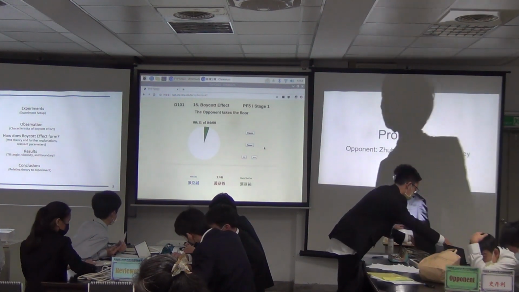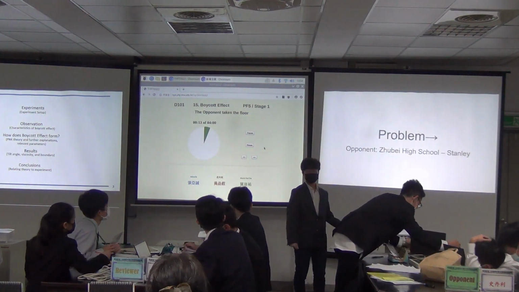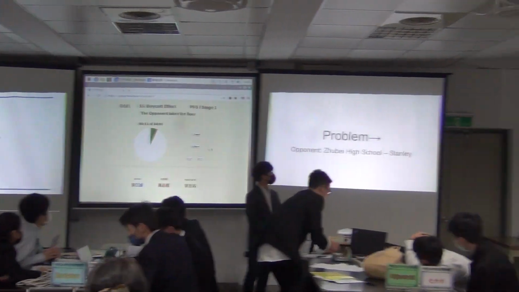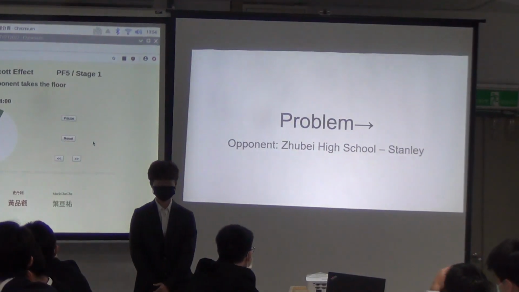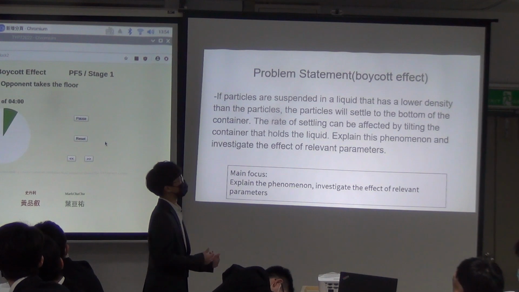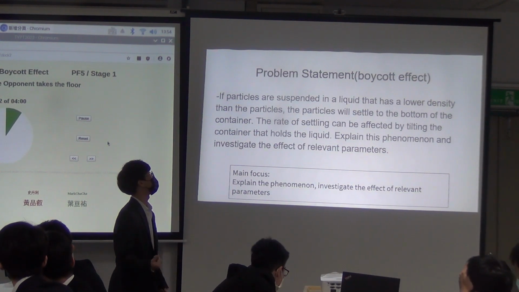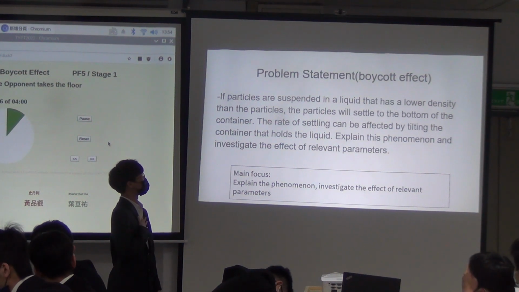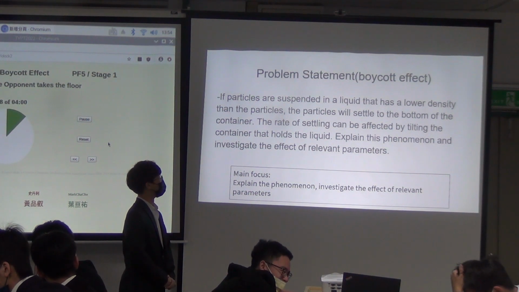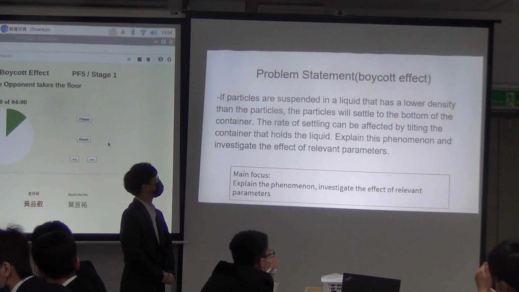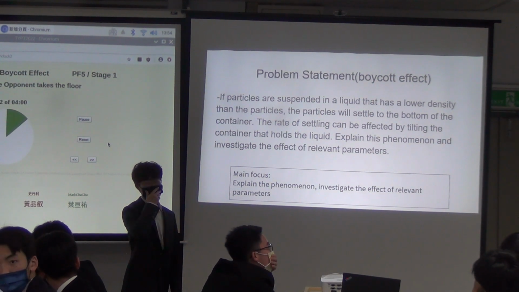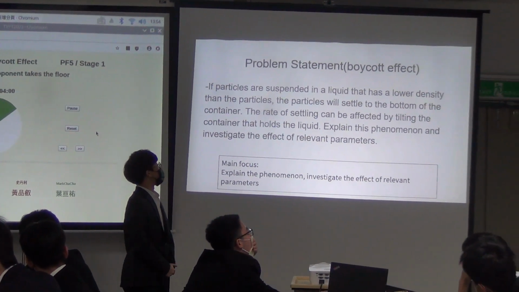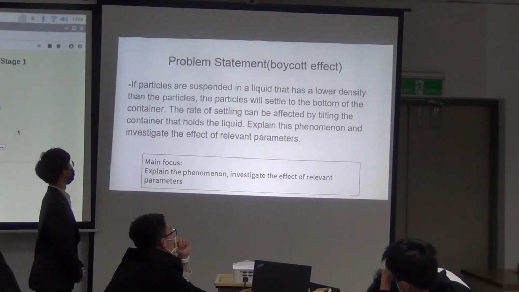Honorable judges and fellow opponents, I'm the opponent from Stanley, and today our problem is the Boycott effect. So this is the problem statement of the Boycott effect. If particles are suspended in a liquid that has a lower density than the particles, the particles will settle to the bottom of the container.